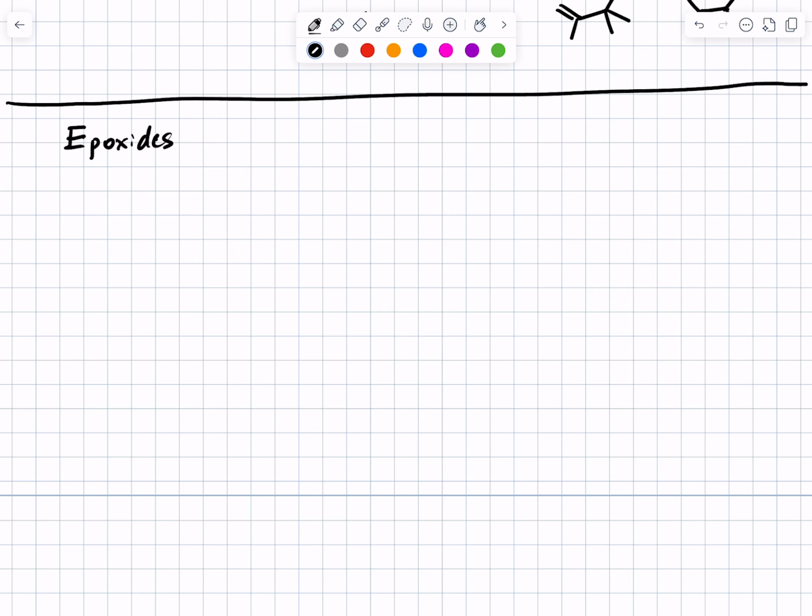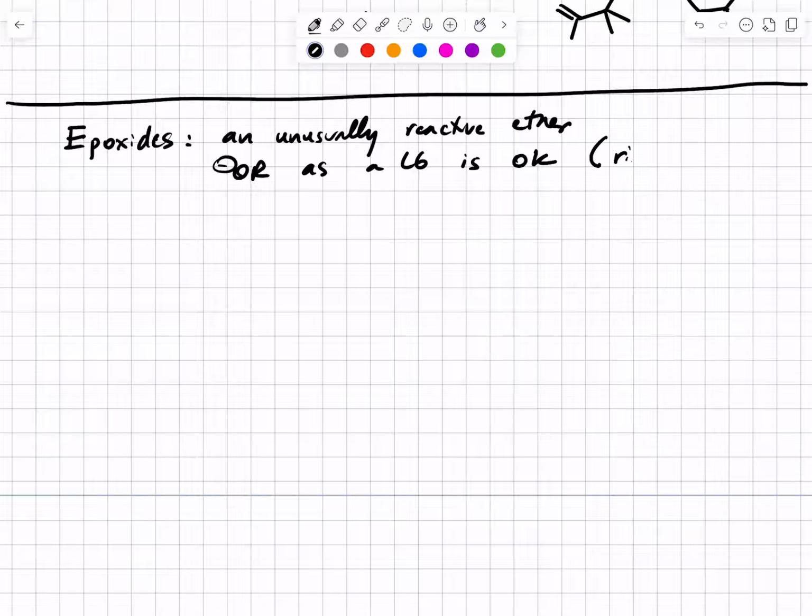Epoxides are an example of an unusually reactive ether, and an example when OR minus as a leaving group is okay. And the reason you're going to see that it's okay is because of ring strain.